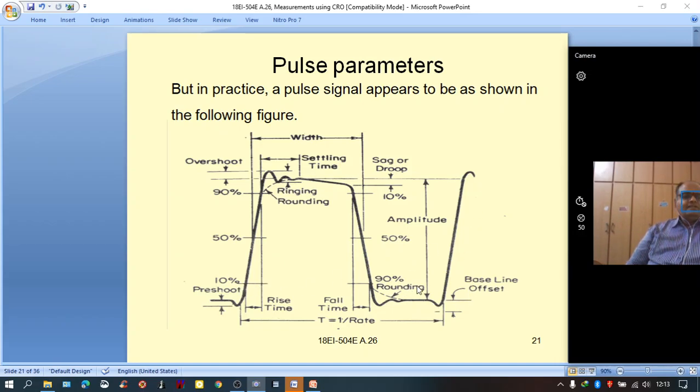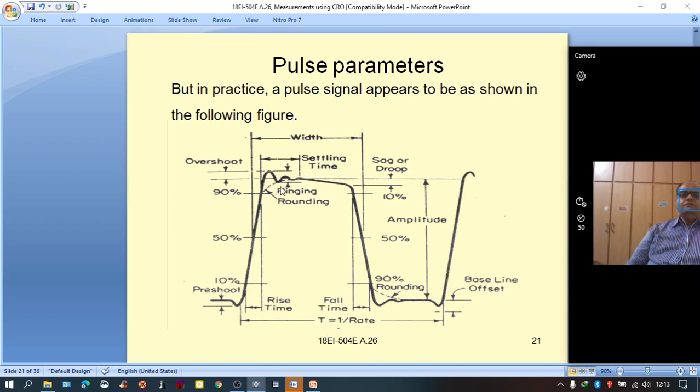So based on the structure of the pulse, the rise time is defined as the time taken by the pulse signal to rise from 10% of the signal to 90% of the signal. This is called rise time. This rise time is very important because after that you have to round it off.